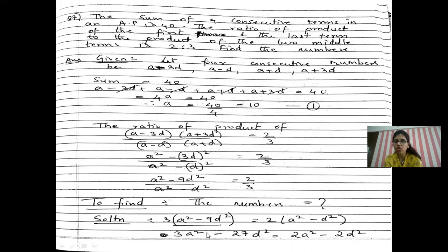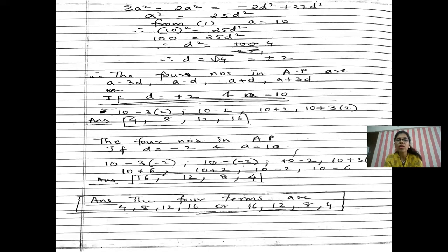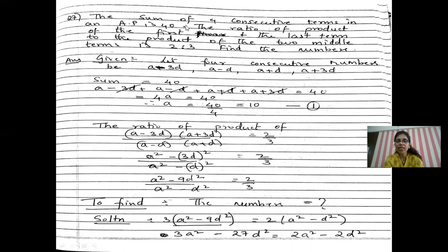So in the solution, what you're going to do is take 3 over here. So you get 3A square minus 27D square. When you multiply 2 with A square minus D square, you get 2A square minus 2D square. Now we bring this 2A square to this side, and we take this 27D square to the right side.